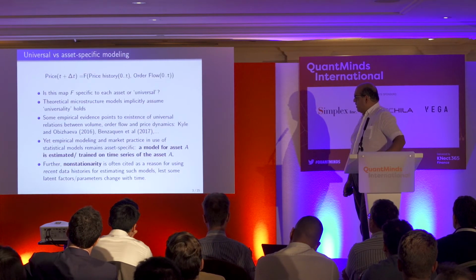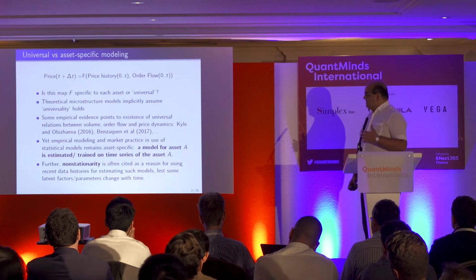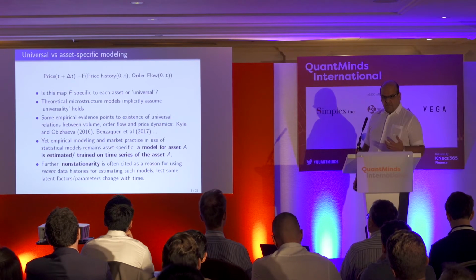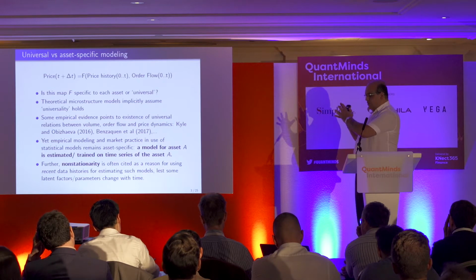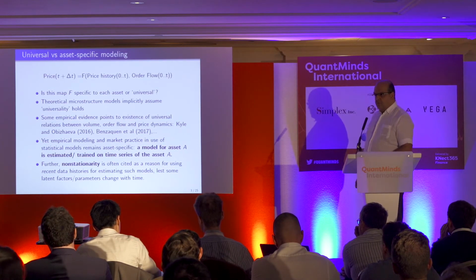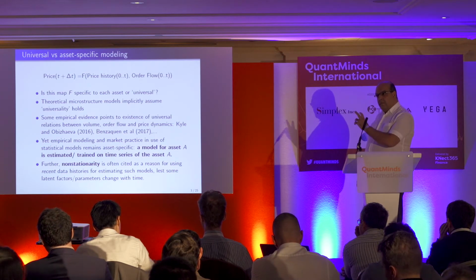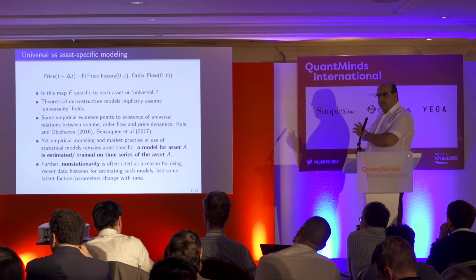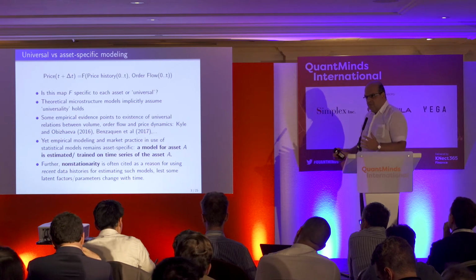Okay, so the first question that I'm going to ask is: is this map universal or is it asset specific? What does it mean? This map sends the price history and the order flow history of that particular stock to a prediction about the price at the next step. But is this map the same for IBM, Microsoft, Google, or some penny stocks, some large tick stocks, small tick stocks, or is it different?